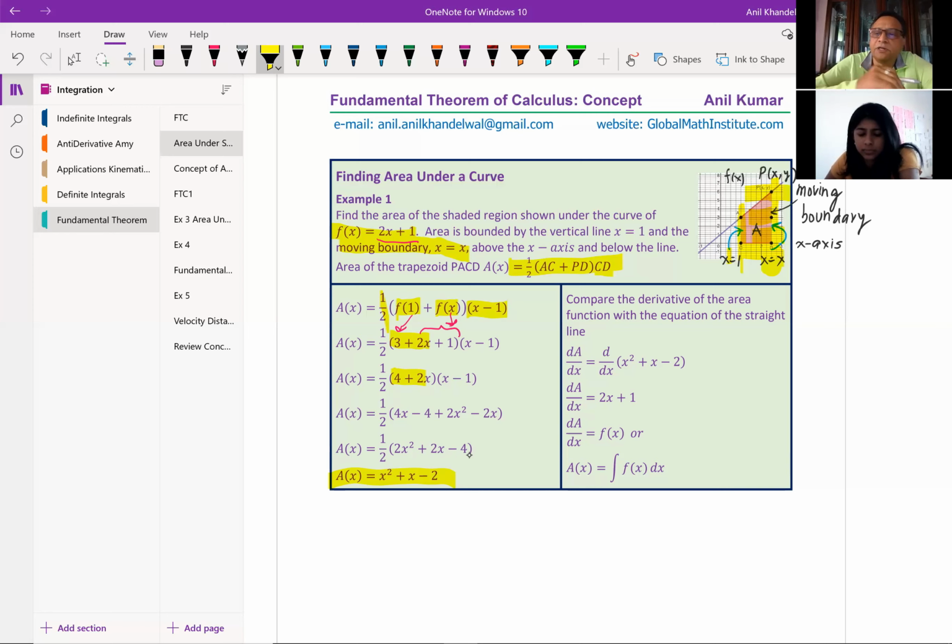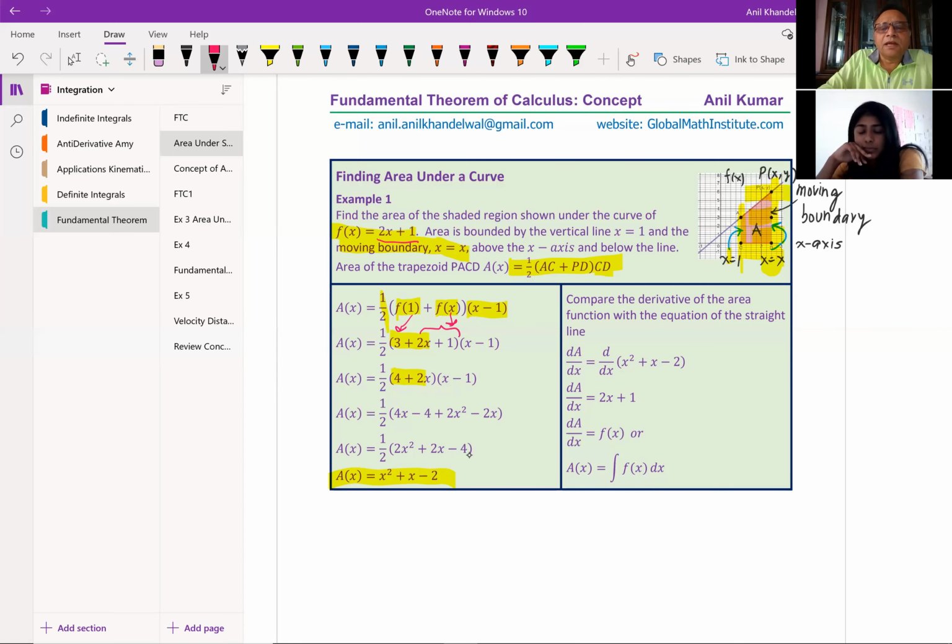So is this clear to you, Amy, up to this place? Yeah, yeah. Good. Now, you will notice one thing which was observed, and that creates a lot of simplicity for finding area under the curves.